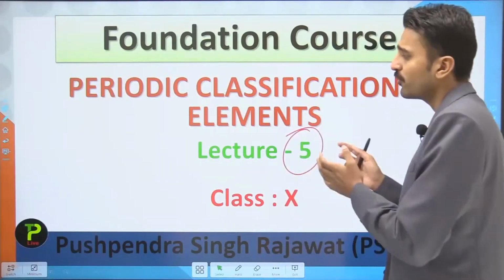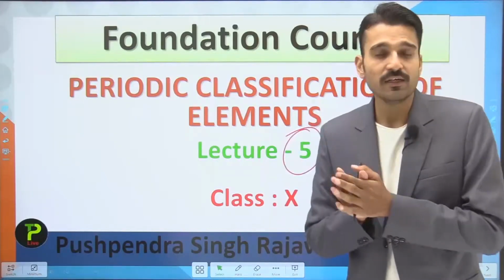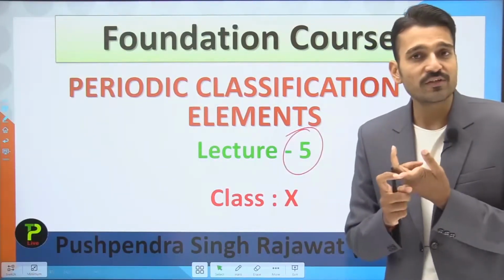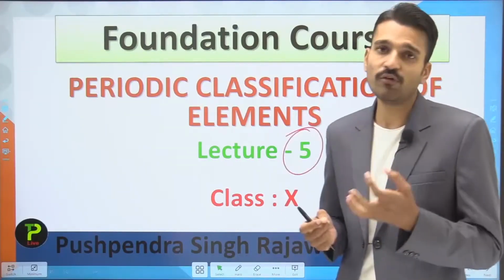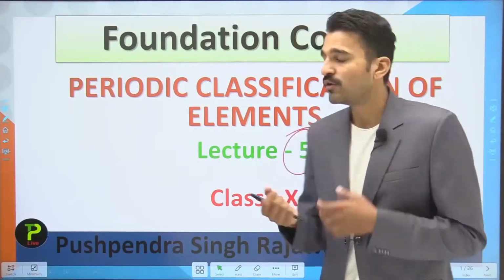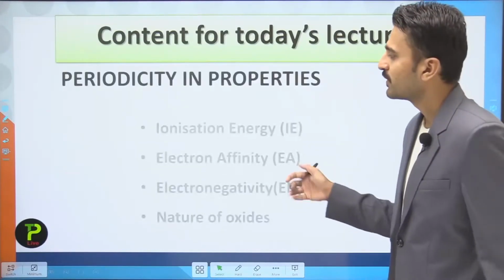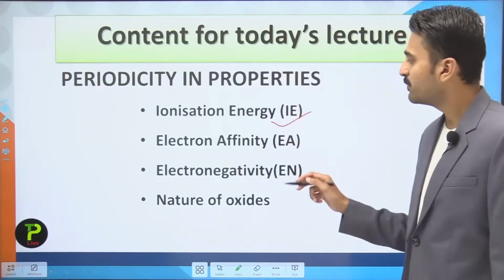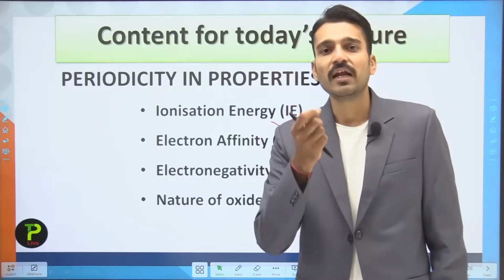Today we are going to continue the periodic trends and properties, and we are going to see ionization energies, electronegativity, electron gain enthalpies and the nature of oxides that the elements form on reacting with oxygen. The contents are ionization energy, represented by IE, and electron affinity, or electron gain enthalpy.